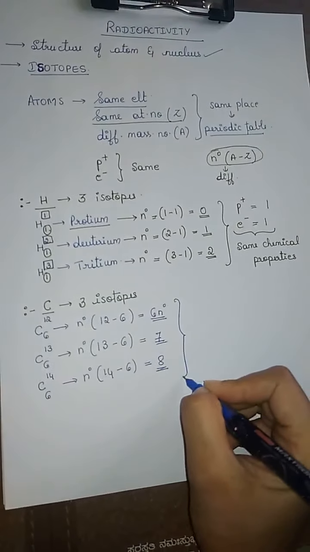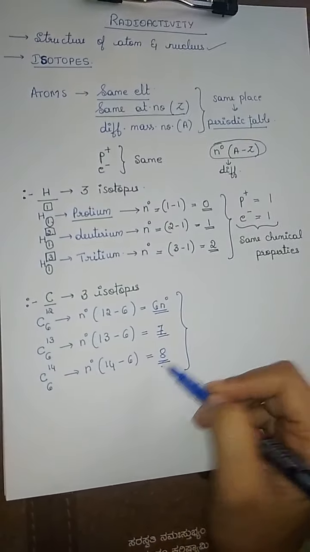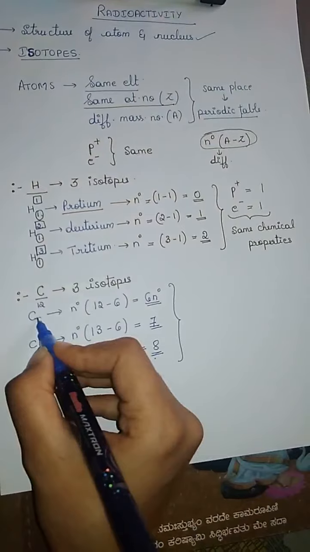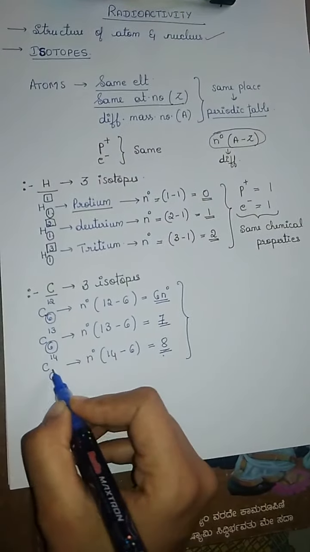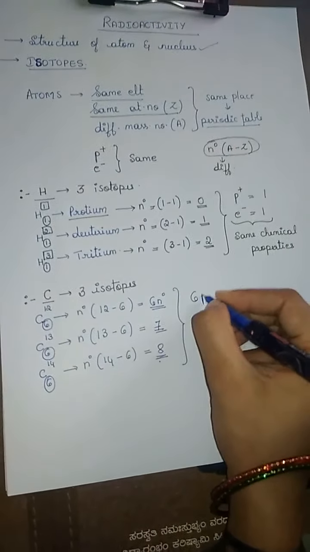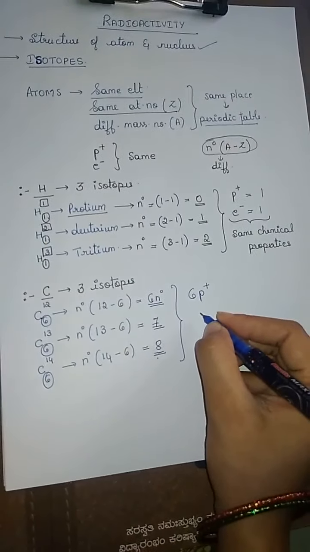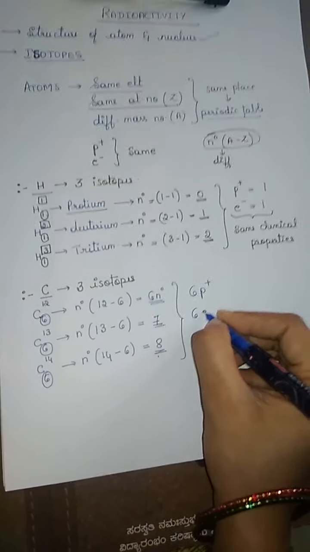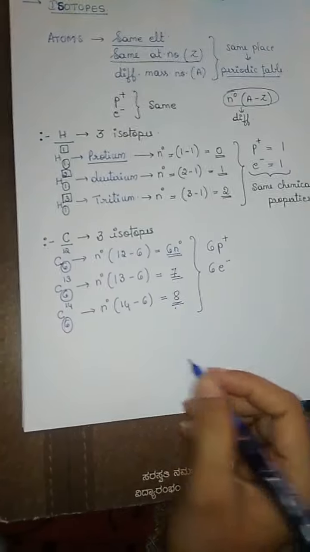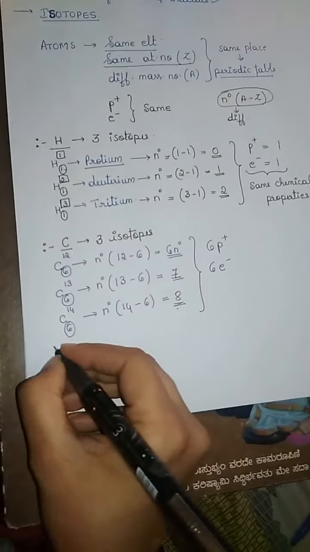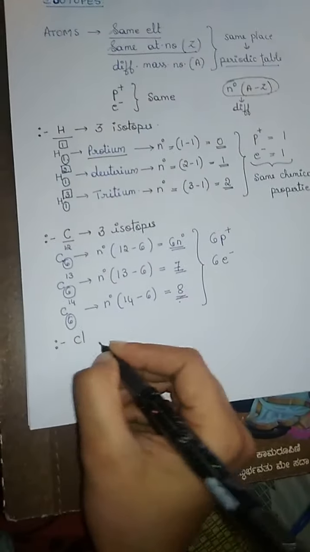So in all these 3, the number of neutrons are different, but protons are the same because the atomic number is the same. So 6 protons, and the number of protons is always equal to the number of electrons, so 6 electrons. Now let's look into the last example, that is chlorine.